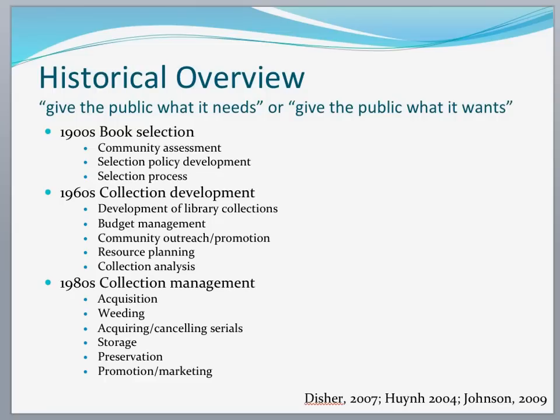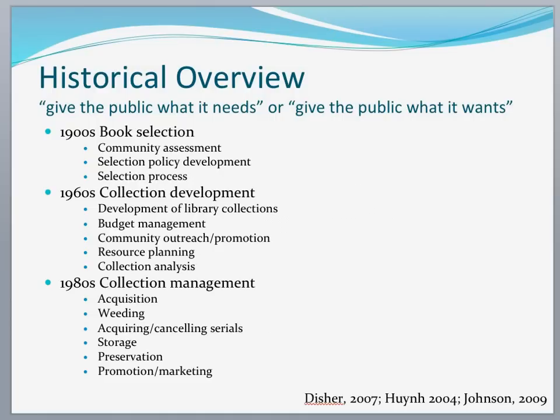In the 1960s, we talk about collection development. So it's not anymore book selection, but collection development. And here we have development of library collections, budget management, community outreach and promotion, resource planning, and collection analysis. So now we have more elements in terms of how we are going to develop our collection.